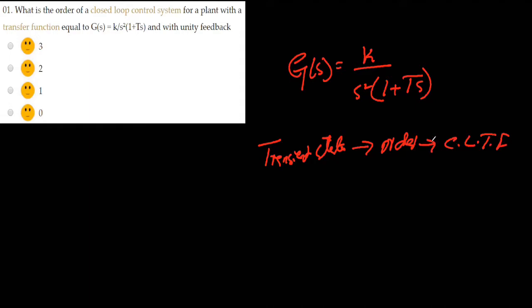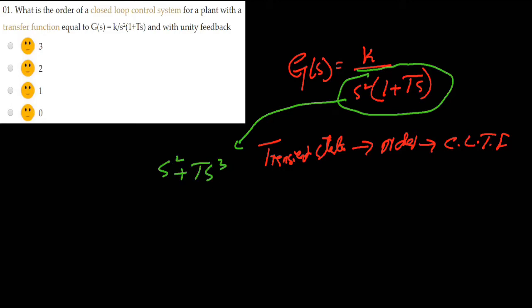The order of the closed loop transfer function can be found from the highest power of the characteristic equation. So here in this transfer function, this is your characteristic equation, and the highest power of s is here, that will be s square plus Ts cube. So the highest power is cube, so this is order 3. So option A is the correct answer.